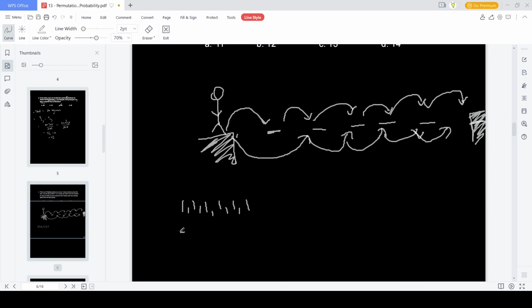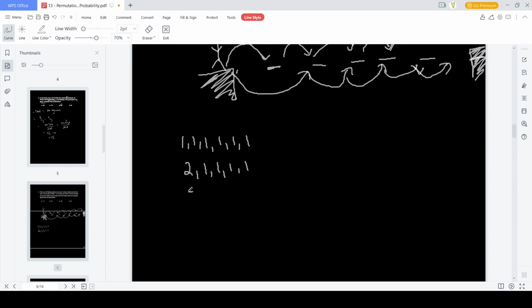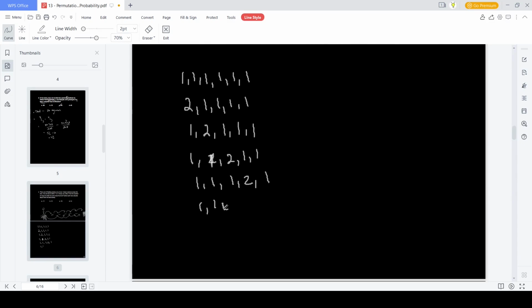So 1, 2, and then 4 ones. This can be rearranged in many ways: 1, 2, 1, 1, 1, or 1, 1, 2, 1, 1, then 1, 1, 1, 2, 1, and the last case is 1, 1, 1, 1, 2.